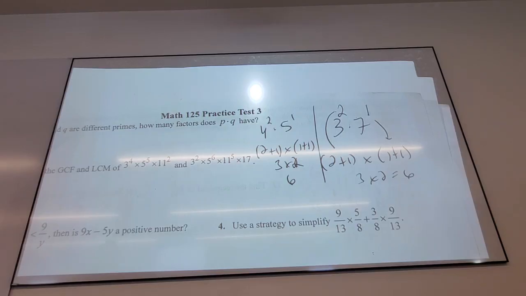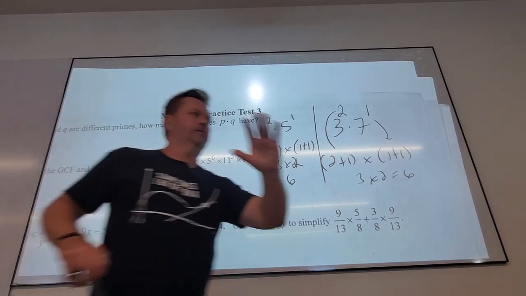I didn't break the 4 down, right? 4 would be 2 squared, and I have 2 of them, so it would be 2 to the 4th, which would change that answer, yes? You guys see that? 4 squared is 4 times 4, which is 2 times 2 times 2 times 2, yes?